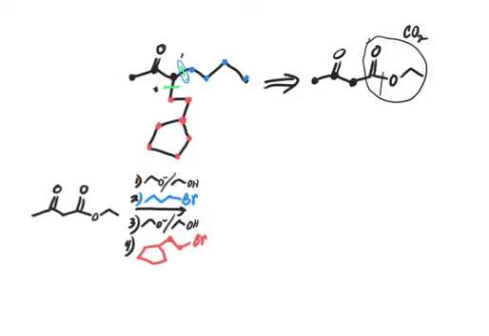Now I got to get the elimination to happen. So I need to hydrolyze this. I'm going to eliminate the CO2. So I'll do a hydroxide hydrolysis. That'll take this ester to the acid. And then in the last step, I'll do H3O plus and heat to do the decarboxylation.